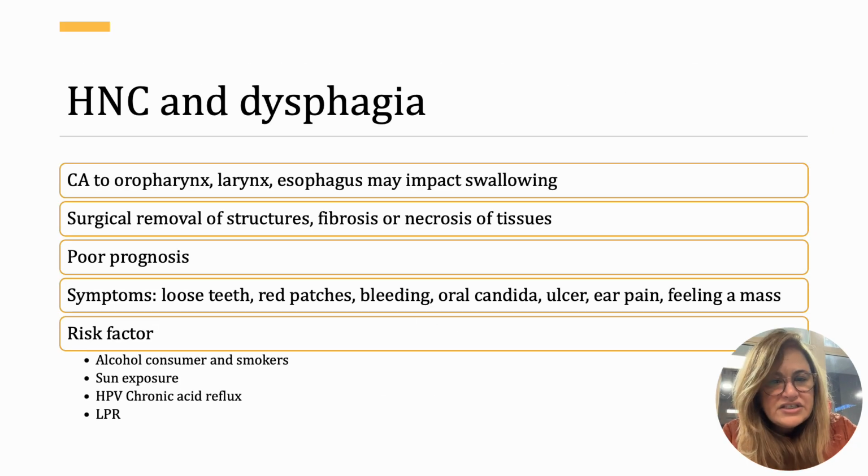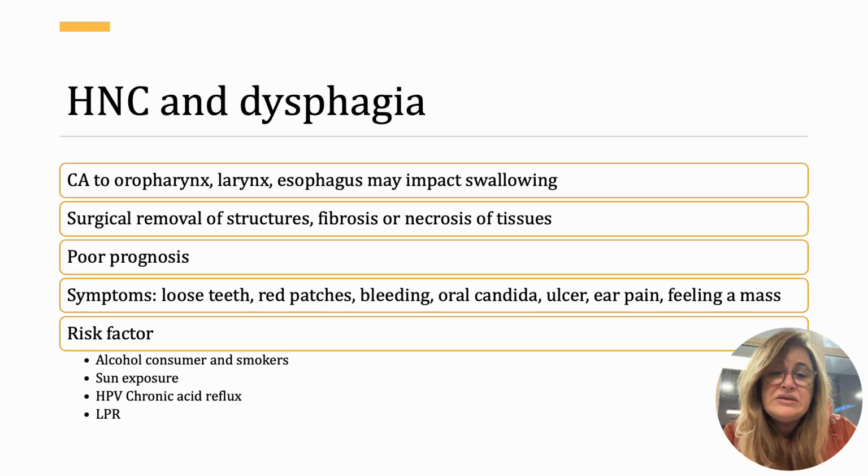Head and neck cancer and dysphagia is a big population. We see it in the oropharynx, larynx, esophagus, and it may impact swallowing. The surgery, radiation, chemotherapy, all of that may result in structures with fibrosis and necrosis of tissues that will keep the bolus and muscle contraction from being as fluid as before.